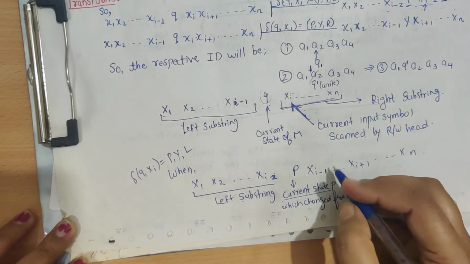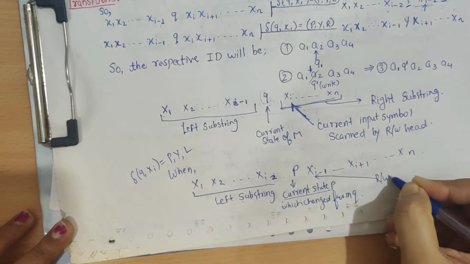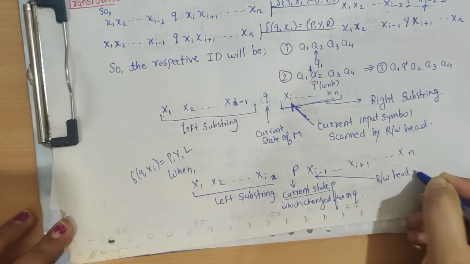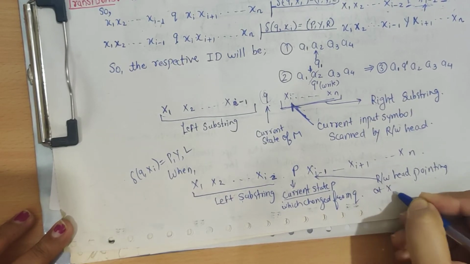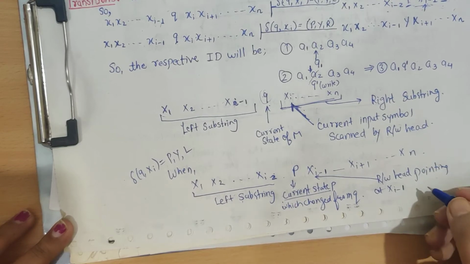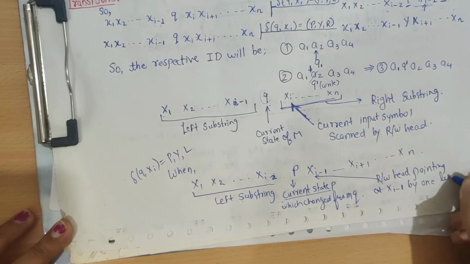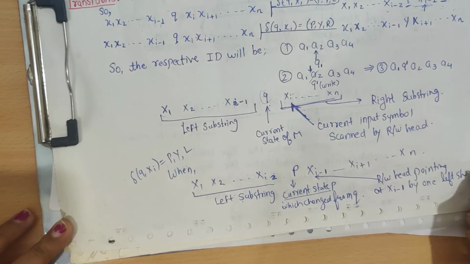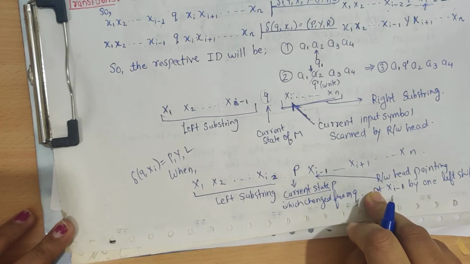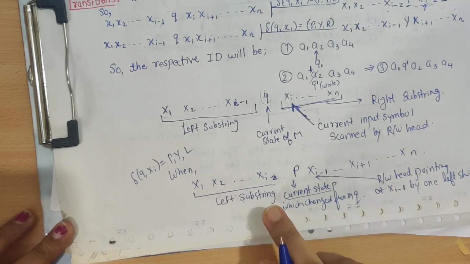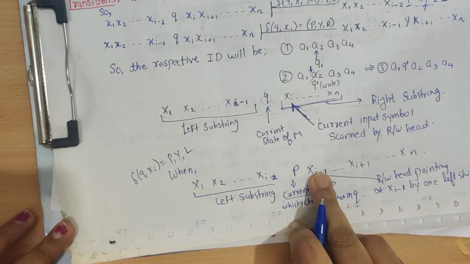And the read write head is pointing at xi minus 1 by one left shift. Previously it was pointing at, or reading, the symbol xi. Now it has moved one position left, that is xi minus 1.